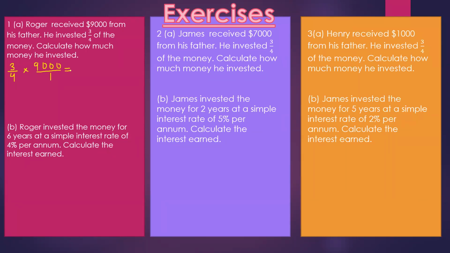Because 3 times 9,000 is equal to 27,000. Then we divide it by 4. What do we get? 6,750. Very good. Did anyone else get that? 6,750. Yes, sir. Good. If you got it, please put a tick.